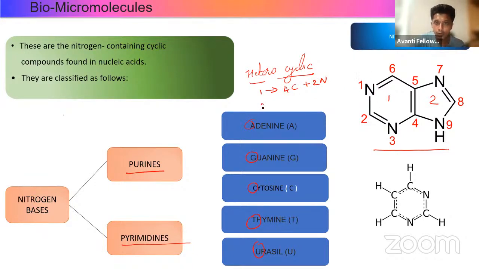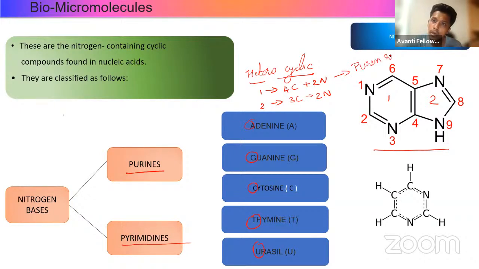If you see the second ring, it is made up of 3 carbon atoms and then 2 nitrogen atoms. You can just count. The first ring, made up of 4 carbon atoms and 2 nitrogen atoms, is called the purine ring.